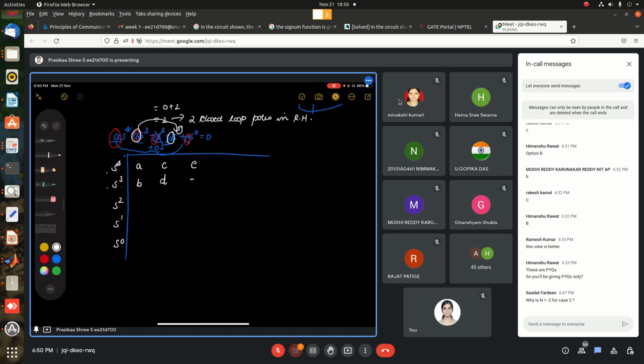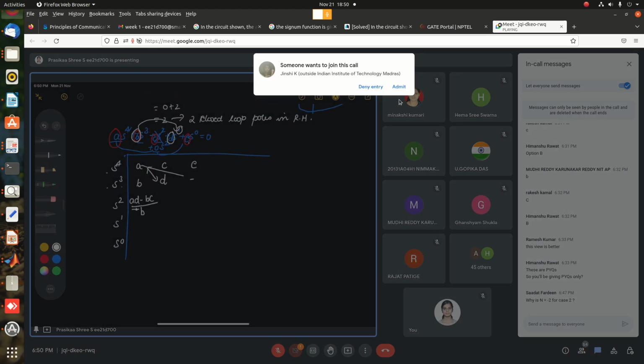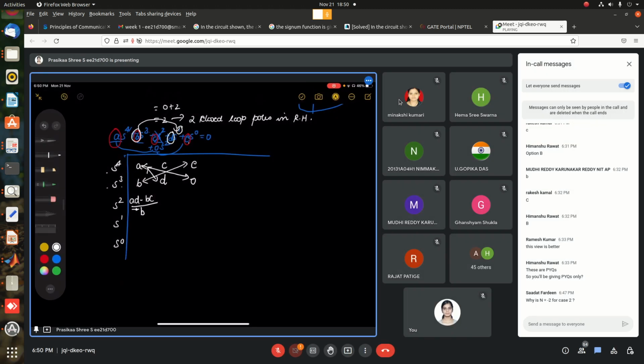So here the coefficient can be written as AD minus BC by B. Similarly, A into 0 is 0, minus BE. Just a second.